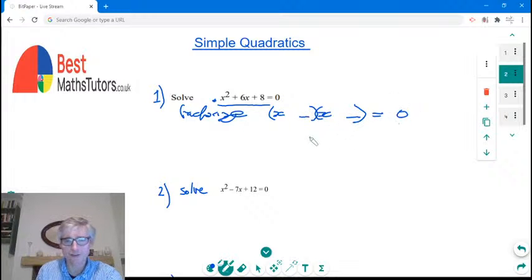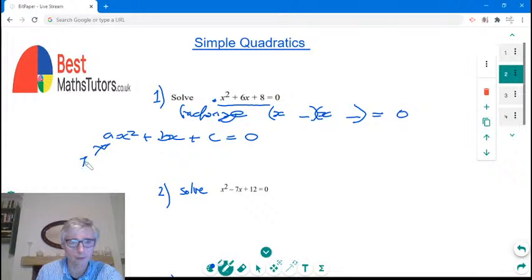With the simple ones, it's relatively easy to find these two numbers, because if we have a quadratic equation in the form ax squared plus bx plus c equals 0, for the simple quadratic, a is equal to 1, so we don't see a number. In this case, b is equal to 6, and c is equal to 8.